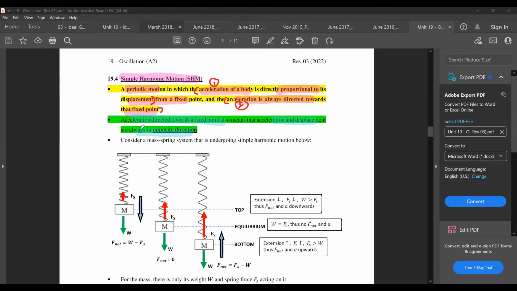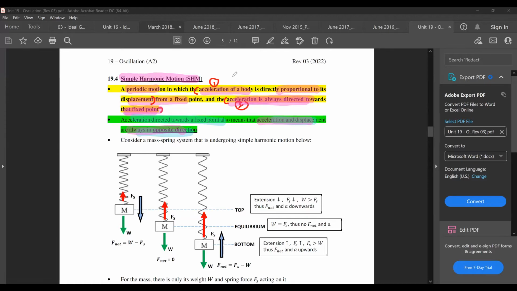So when your exam question asks you to define simple harmonic motion, sometimes you will notice that the second criterion may be replaced with another answer where they say acceleration and displacement are in opposite directions. This is the definition of simple harmonic motion.